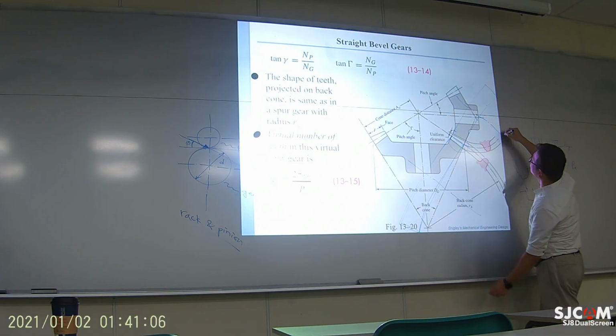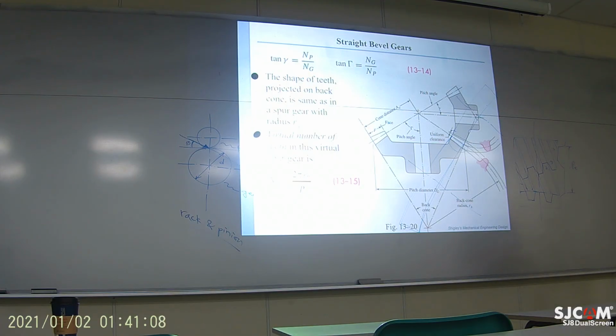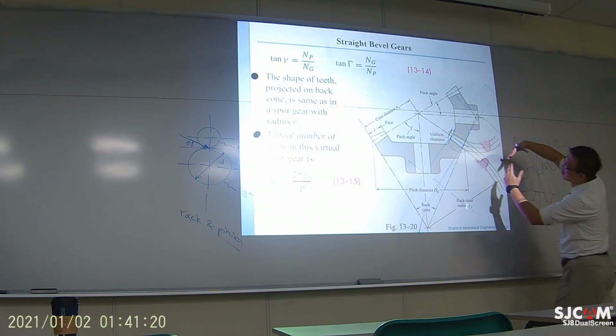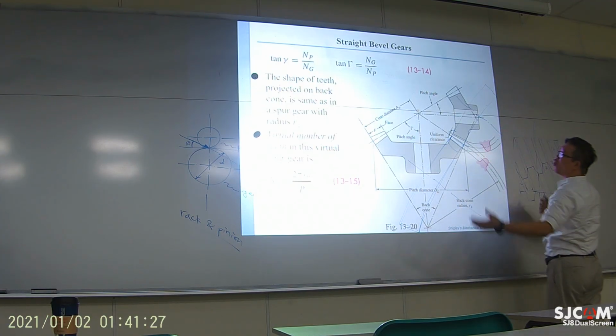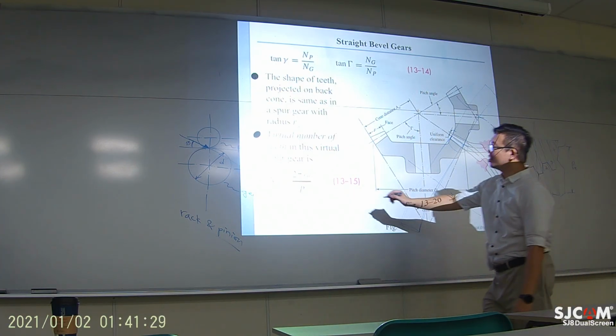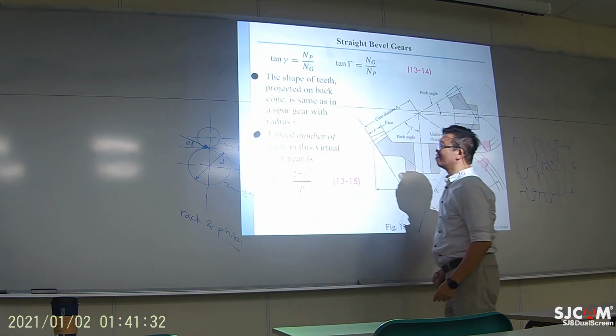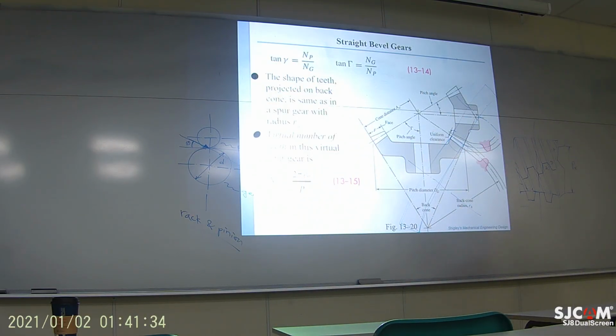Central axis is right here. It's just like how two spur gears are mating with each other with a virtual number of teeth, and then after a certain calculation, you apply the profile on a cone. So that's why you see this virtual number of teeth. The virtual spur gear actually looks like that.